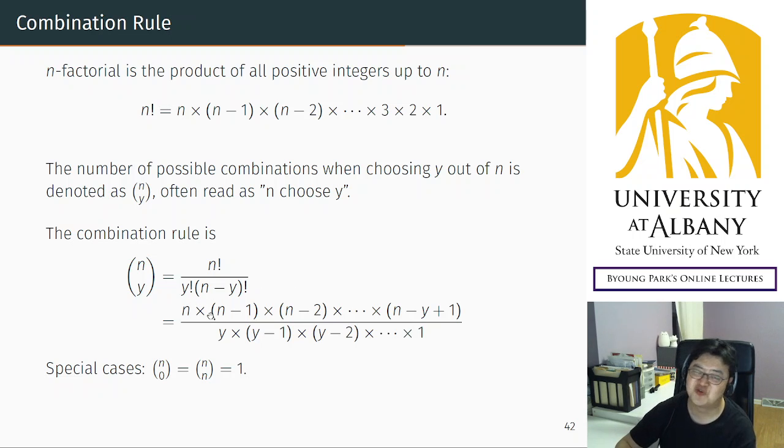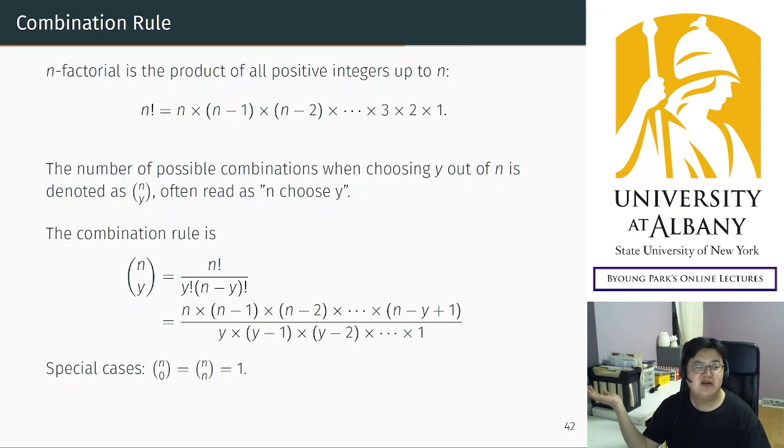This is a very unnatural, counterintuitive formula, so it's hard to explain where it's from. But the special cases are obvious. If you choose nothing, there is only one possible case. So if there is no cancellation, that's the only possible case. There are no different scenarios.